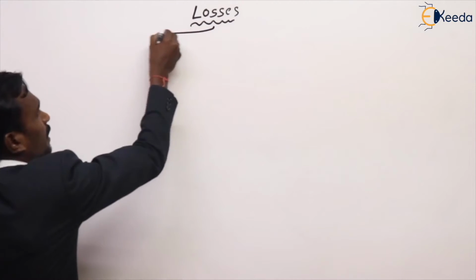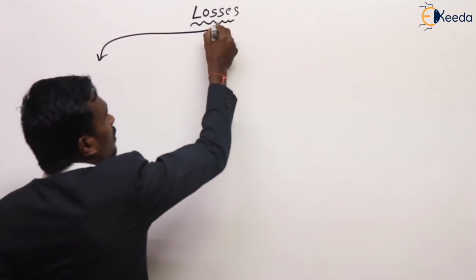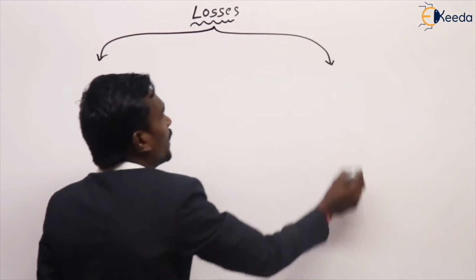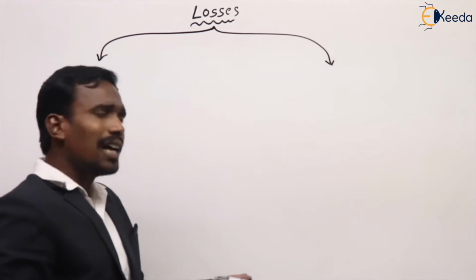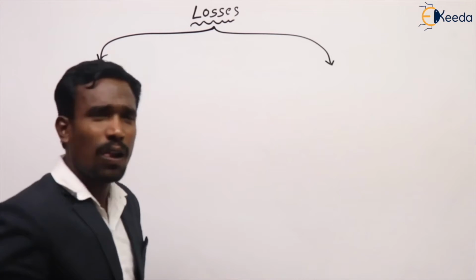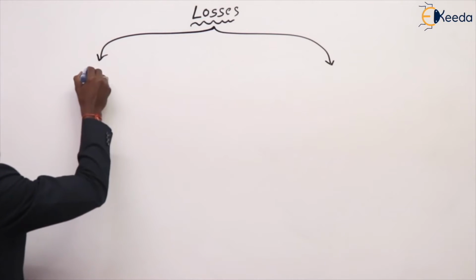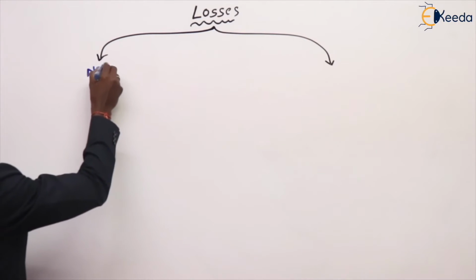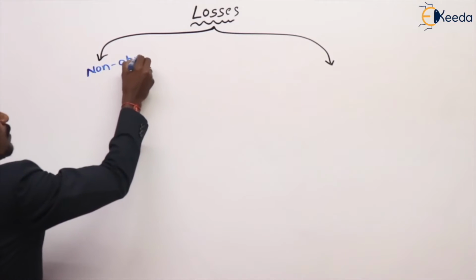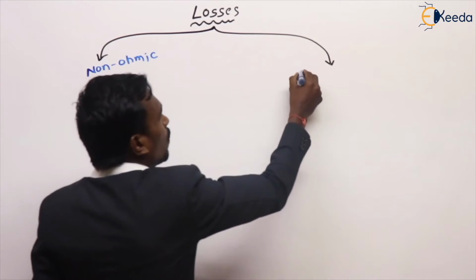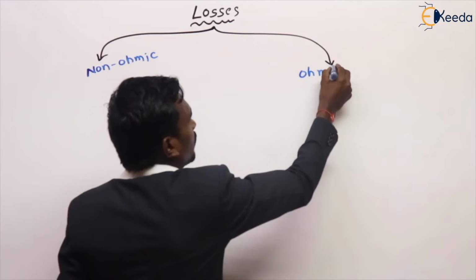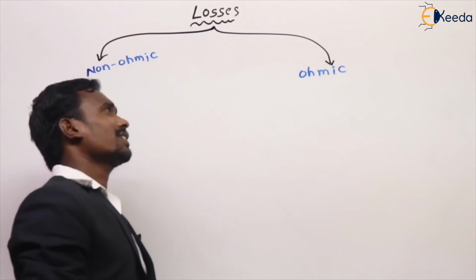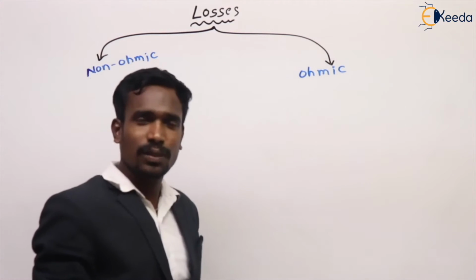Generally, in our DC machine, I will explain in a different manner. Losses are two types: non-ohmic losses and ohmic losses, due to resistance and without resistance.